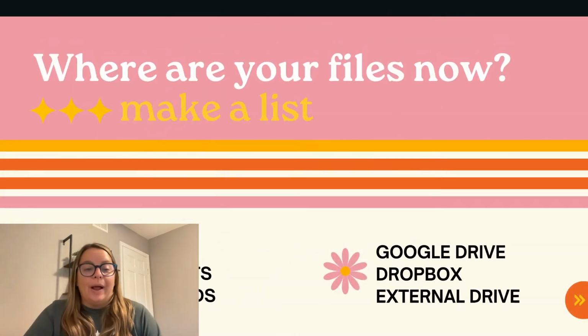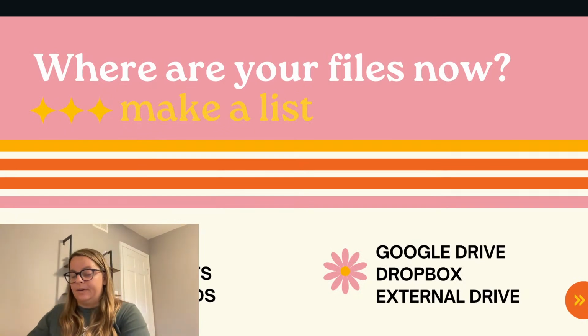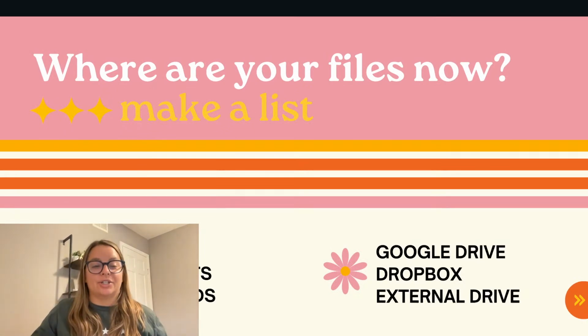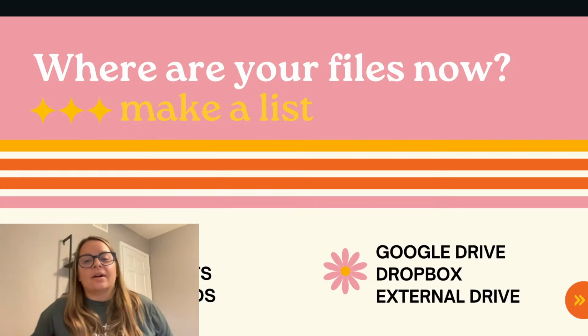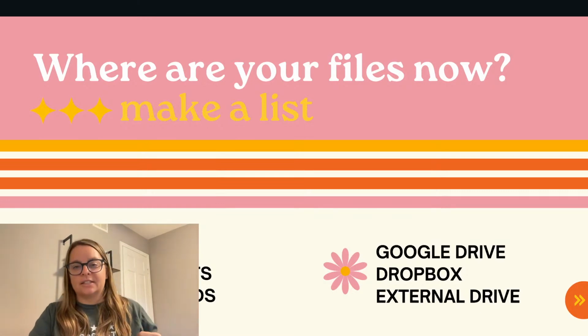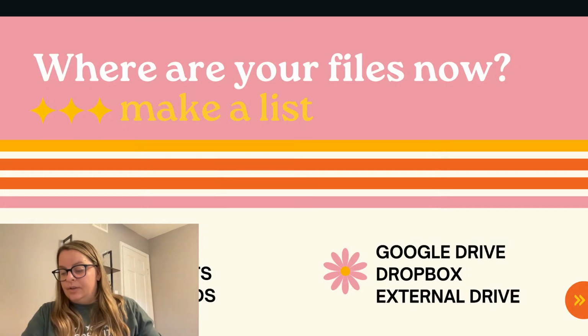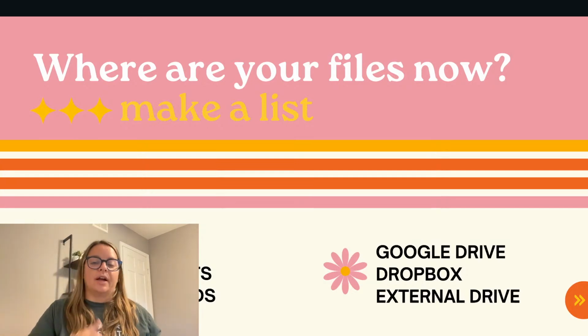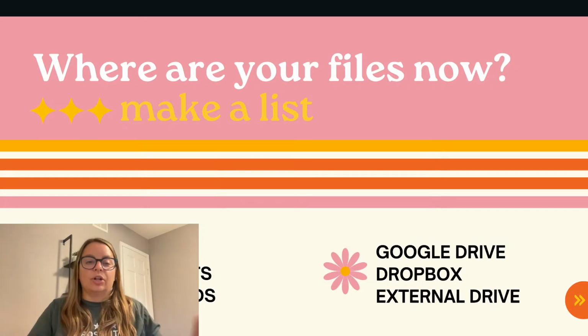So I want you right now to write down, and you could actually tell me, where your files are. Like, where do they live currently? It might be on your desktop. It might be in your documents. It might be in your downloads folder. You might have them in Google Drive or Dropbox or an external hard drive.